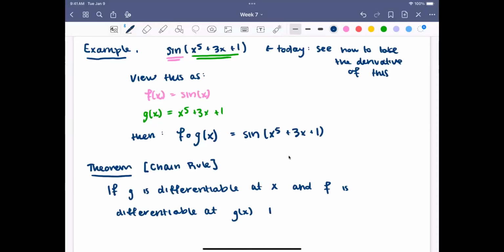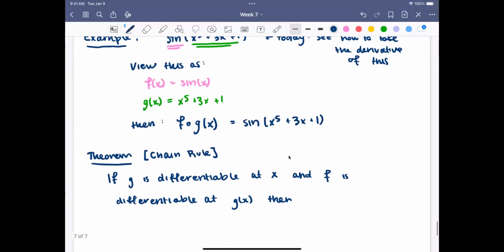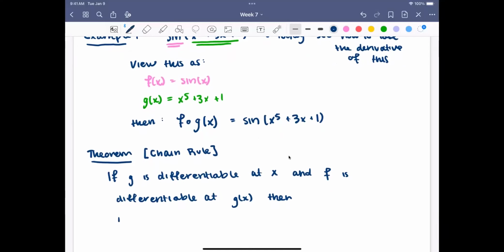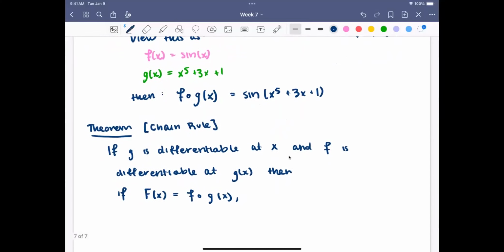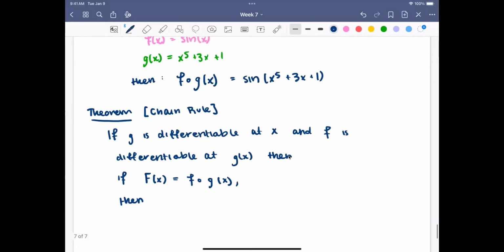Then let's just call the composition capital F. So capital F of x is equal to f composed with g of x. So if we have this function, then the theorem says that this function, capital F of x, is also differentiable at x, and it says what the derivative is.